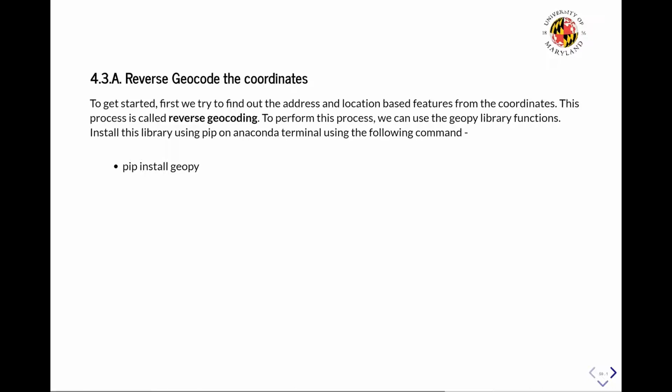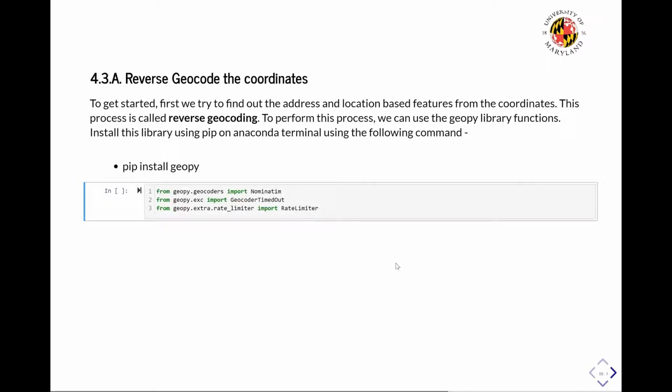Since it takes a while to gather all of this information, the service sometimes gets timed out, so there are some extra imports to handle that. So we'll use the rate limiter to handle that import, and to do the geocoding, we'll use the GeoPy geocoders. Let's execute this part of the code.